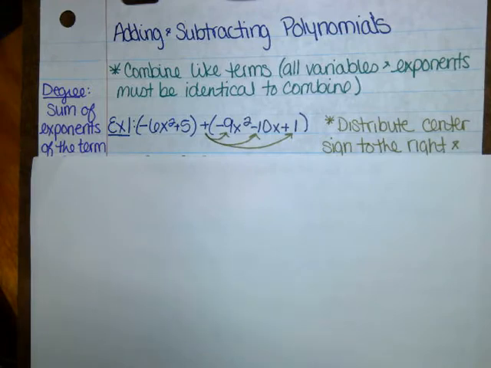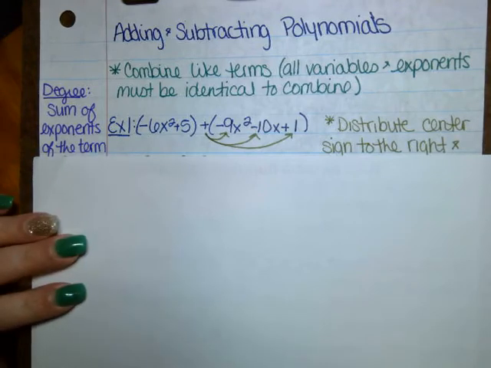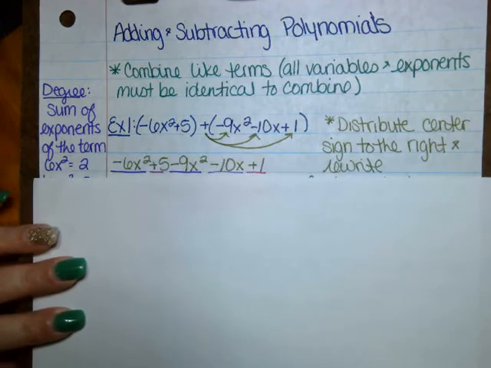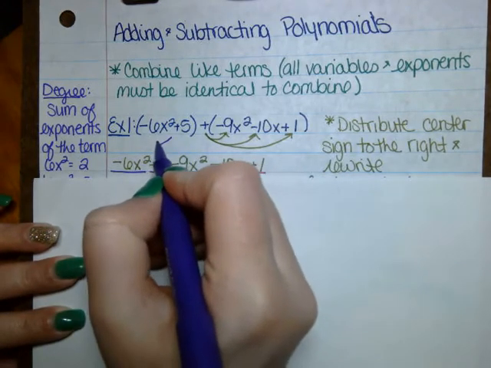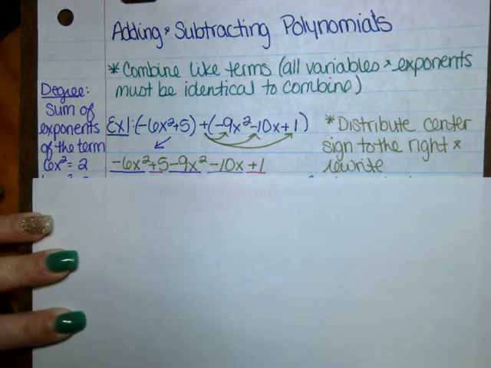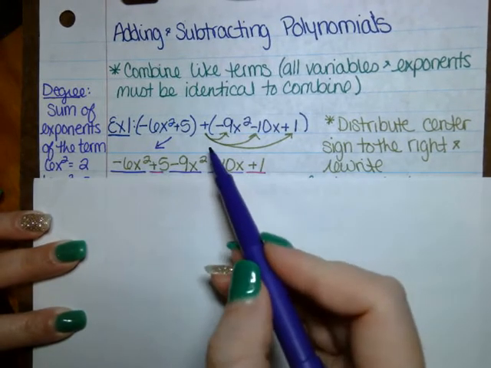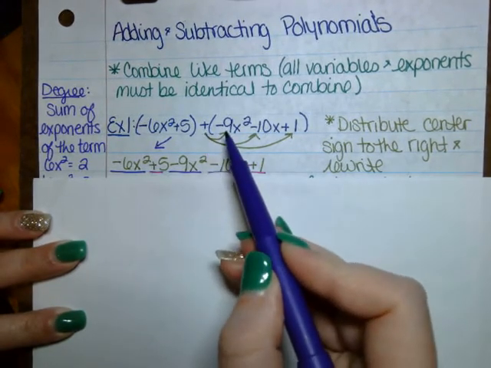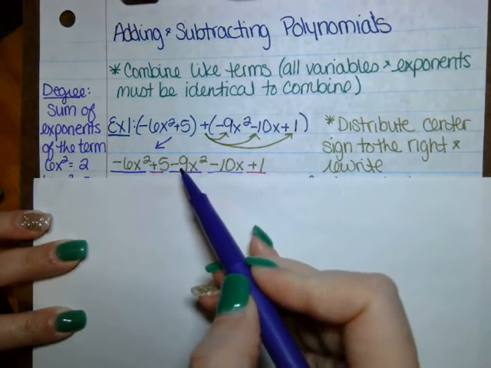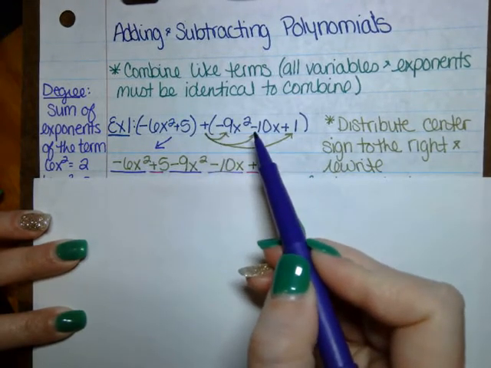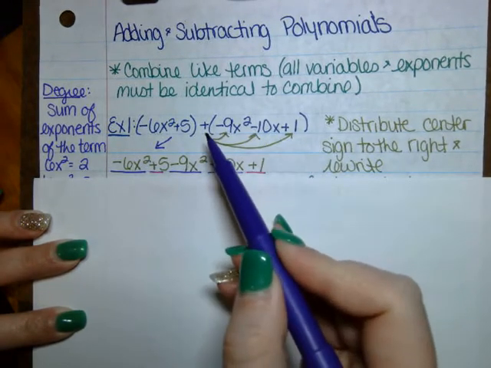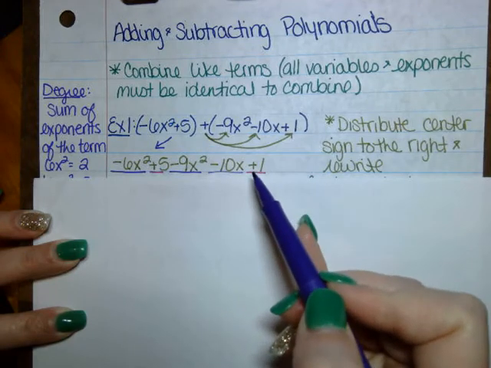Now, when you're working with addition, this isn't going to make that big of a difference, but in subtraction it will. So, if you follow along, nothing happened with that first parenthesis, so it just gets brought down and rewritten. Now, when I distribute my positive sign, a positive times a negative gives me a negative, a positive times a negative gives you a negative, and a positive times a positive gives you a positive.